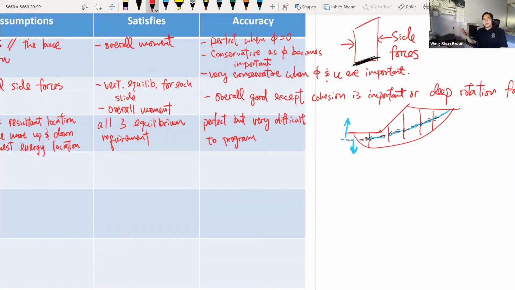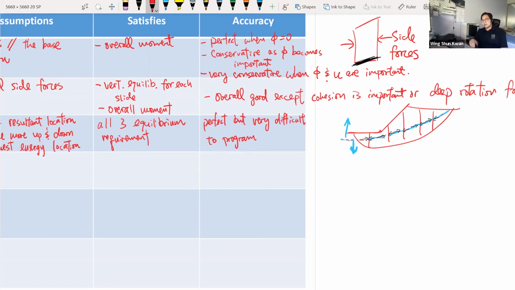So that's why a computer package like GeoStudio SLOPE/W, UTexas, or GSTABL charges a lot of money. They charge a lot because they program that. They find ways to program it.